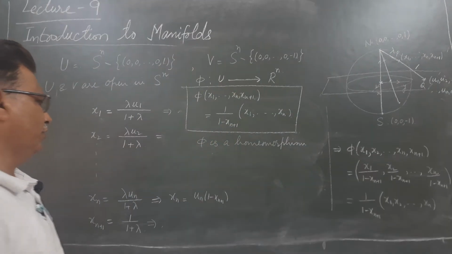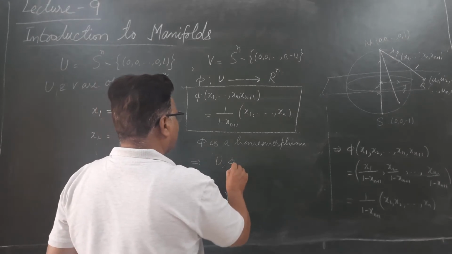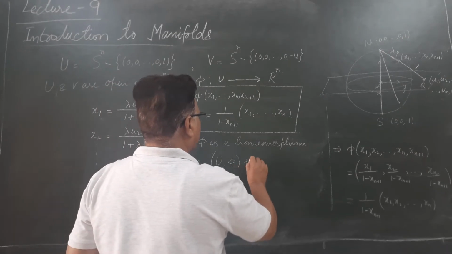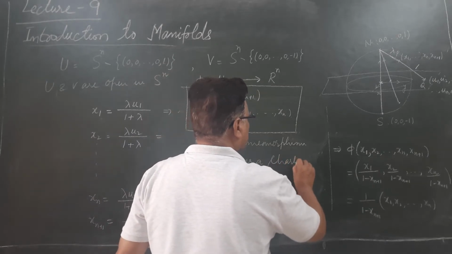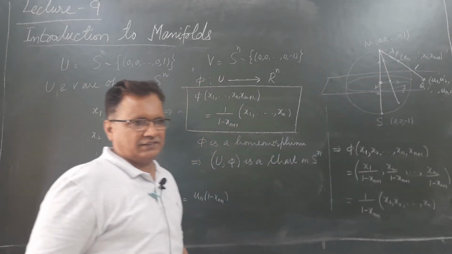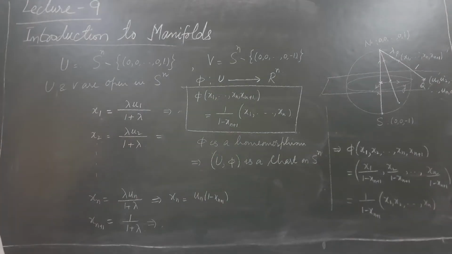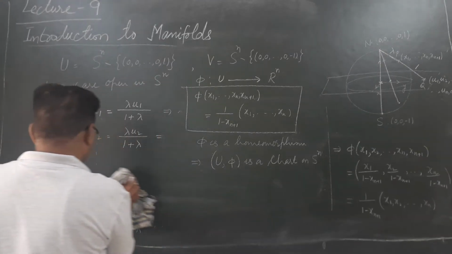So what will you say over here? That (U, phi) is a chart on Sn, is one of the charts. Okay, and since Sn is not covered by one chart, there must be another chart also.